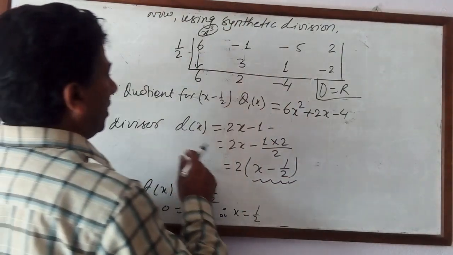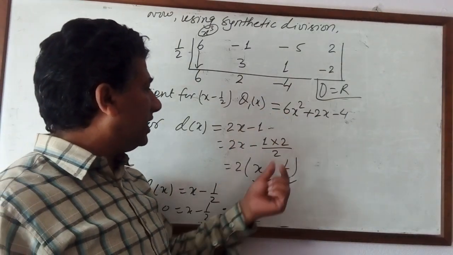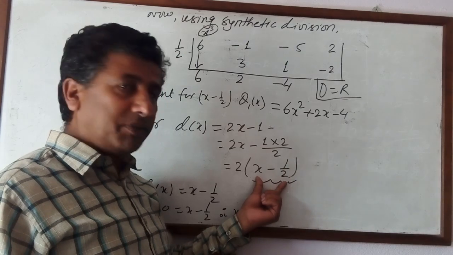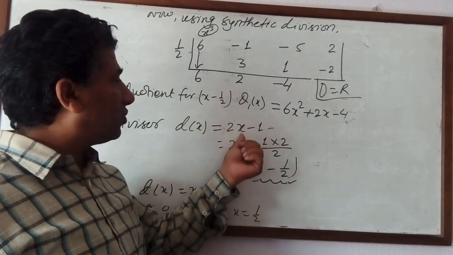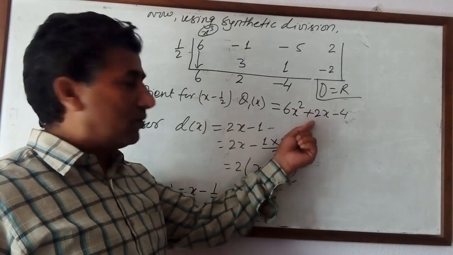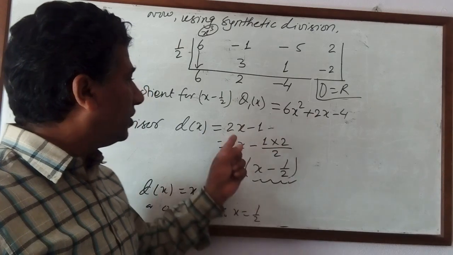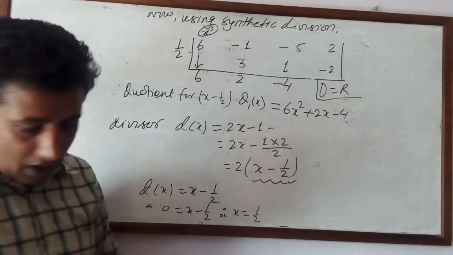This quotient Q1(x) is the quotient for x minus 1 by 2. But we have to find the quotient for 2x minus 1. From 2x minus 1, we have separated 2. Now again divide this quotient by this 2. That gives the quotient for 2x minus 1.